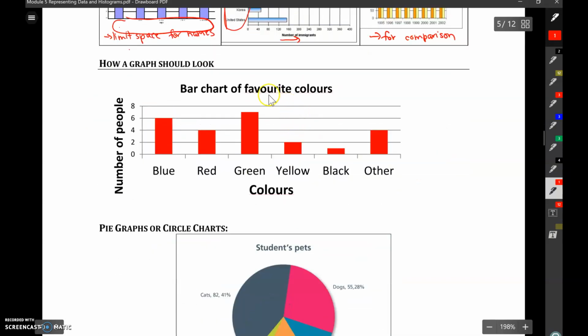So just a little bit again about what bar graphs should look like. For a vertical bar graph, on the y-axis we have the counts and we have a label of exactly what's being measured. Sometimes instead of it just being number of people, it could be money, in thousands of dollars. So it's important to give the units there.